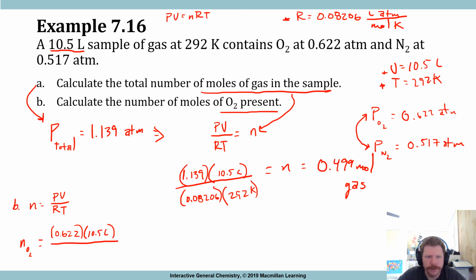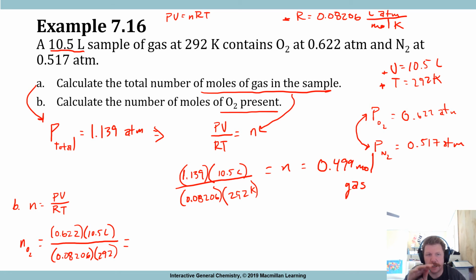R is 0.08206. Then temperature is 292. Solve. Notice I use the total volume of my system because the O2 is only one of the gases in this total system.